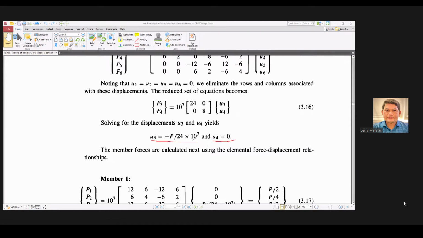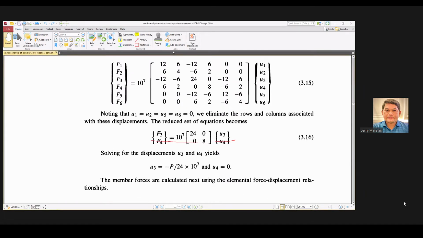After this, you substitute back what you solved. The known values are 0, 0, 0. Then you can solve for the reactions. This one is given and this one is also given.